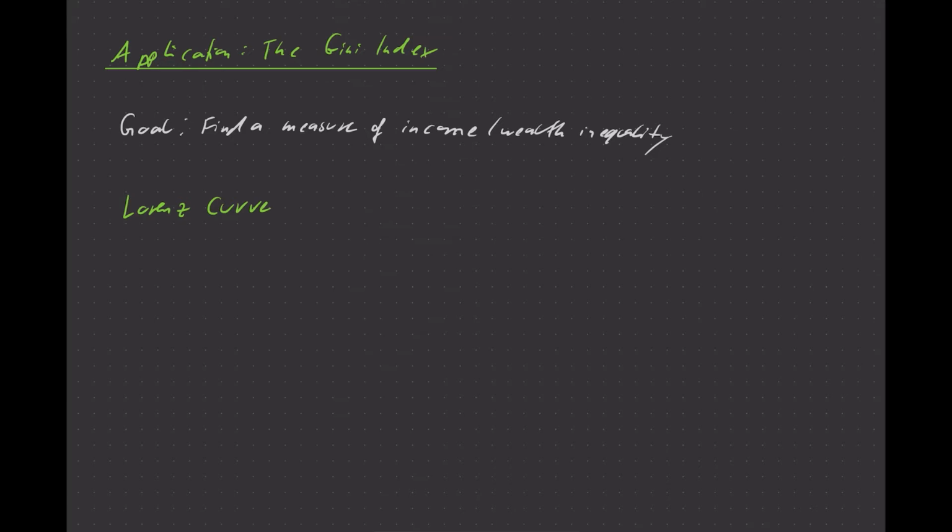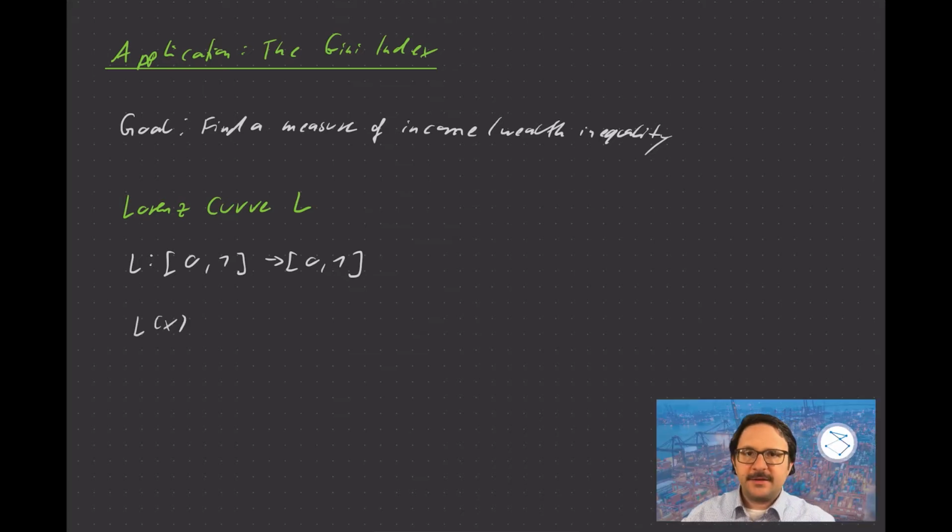The Lorenz curve is usually denoted by L. This Lorenz curve is the curve defined on the interval from 0 to 1 that maps to the interval from 0 to 1. And it's defined in the following way. L of x is the proportion of wealth of a society that is held by the bottom x of the population.